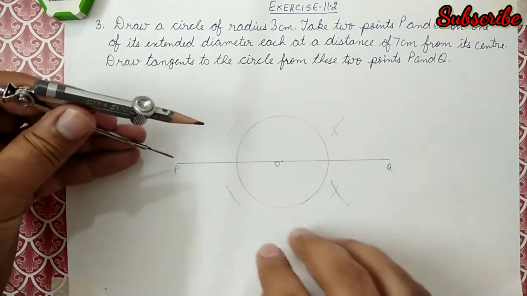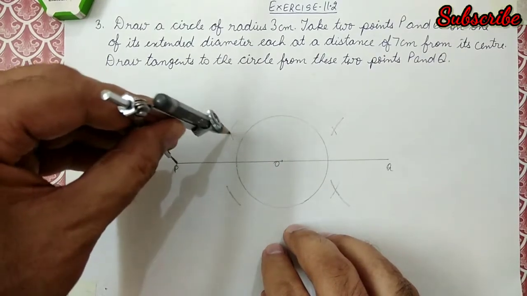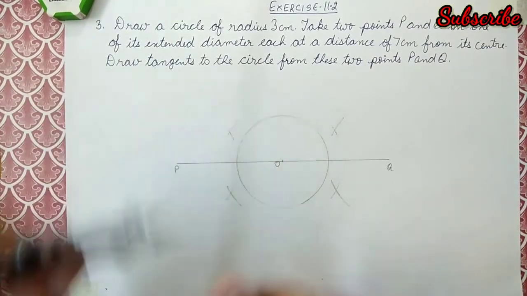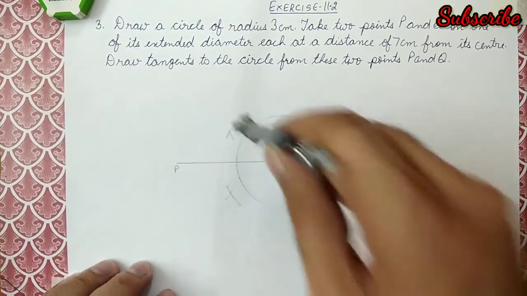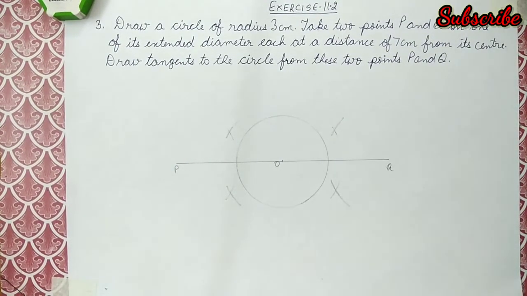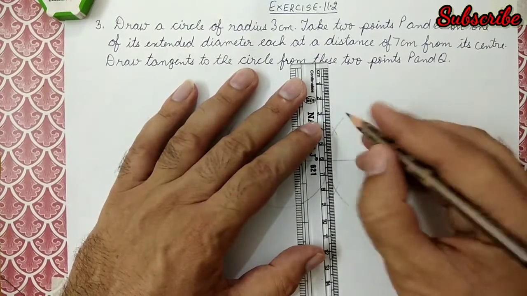Then keeping at P, I can just mark the arcs to meet the previous arc at some point. You can extend this one a little bit. It's a little bit clear. Right. Now what we do, we make the perpendicular bisector of OP also and OQ also. So these are the 2 points.